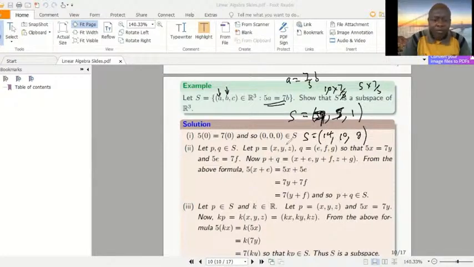So these are examples of vectors here. But this is not what we want, because we want to show it's a subspace, so we do not need these examples. But it's good for you to know what the vectors here will look like.